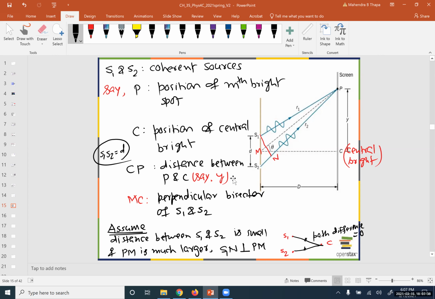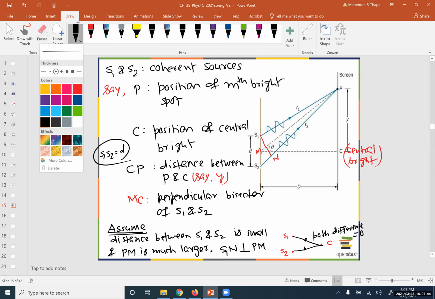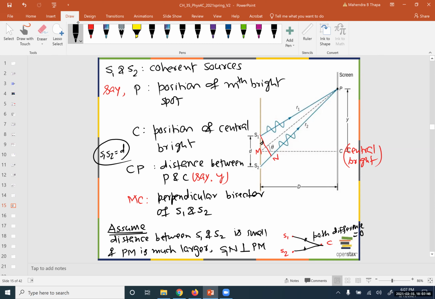So from this picture, the key point is this: if this angle is theta, by geometry this angle would also be the same angle, theta.